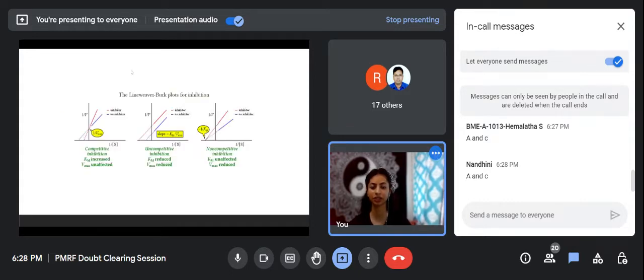That is because the red line in these graphs indicates when there is an inhibitor, and the blue line indicates when there is no inhibitor. You can see that in competitive inhibition, the slope increases and the intercept is the same.